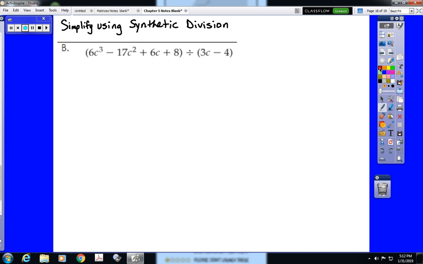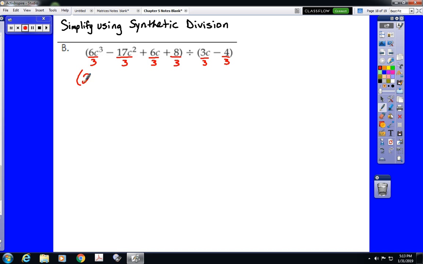Now if we look at example B, we should notice that we do have all of our terms, so that's kind of nice. We don't have to add any zeros, but this is not in the form x minus r. So to start off with, we need to divide everything in the entire problem by the number in front of c so that this will become 1c.